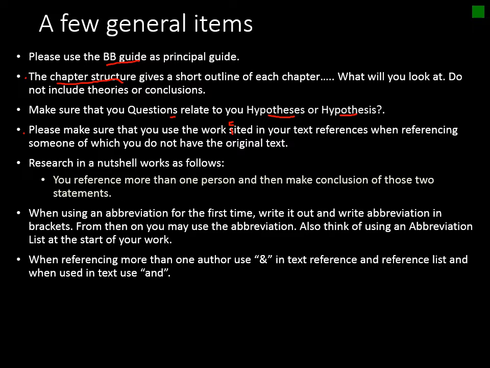So in your text references, when referencing someone of whom you do not have the original text, an example is if you're referencing, for instance, Albert Einstein within a book written by Vincent, then your reference should be Vincent, but before Vincent you write cited colon Vincent 2016 and then the page number.